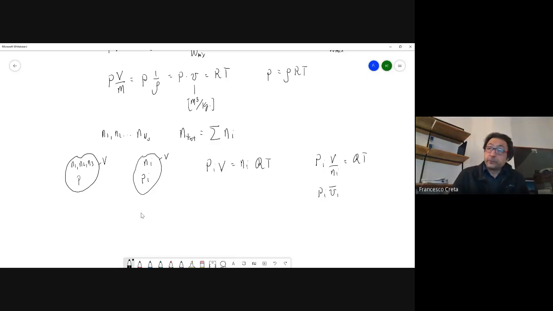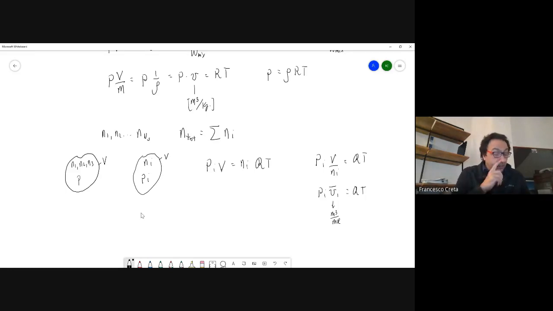I'll just differentiate it from the specific volume by a little bar over it, and it's in meter cubed per mole. But in any case, this is our equation of state, where the volume V is occupied just by one species.